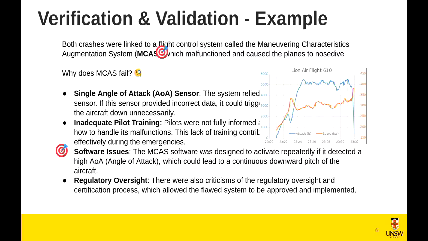We can see the pilot struggling to fight against the MCAS system by pulling up the plane before it crashes. This software is designed to take over control of the plane and try to make it head down. So this is the design of this software.